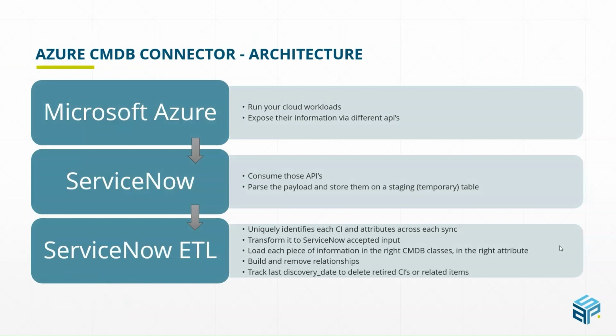ServiceNow will consume those APIs, parse the payload, store them in a temporary table, and then we will use, and that's quite important, the ServiceNow ETL, so the extract, transform, and load tool of ServiceNow, that will allow us to really uniquely identify each CI, preventing the creation of duplicate CIs, and then transform the Microsoft Azure input into ServiceNow accepted input in a really standardized way. And then it will load each piece of information at the right place in the ServiceNow CMDB.